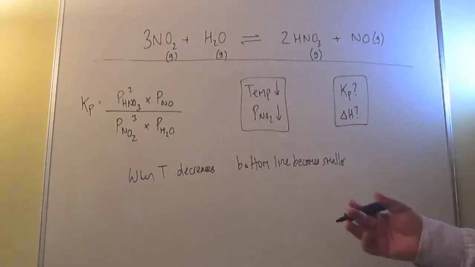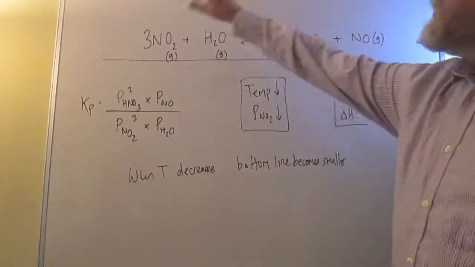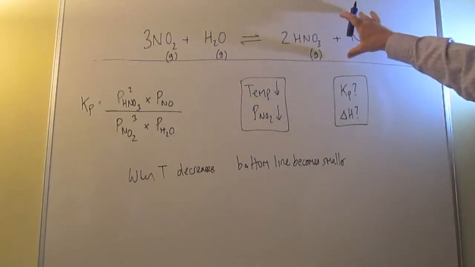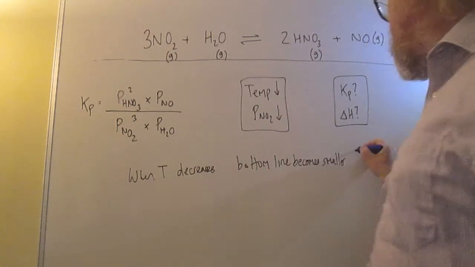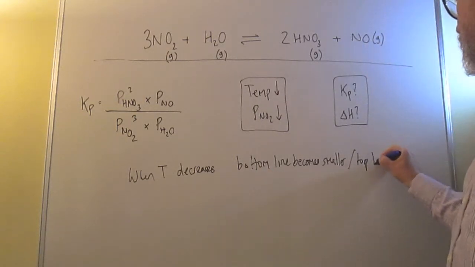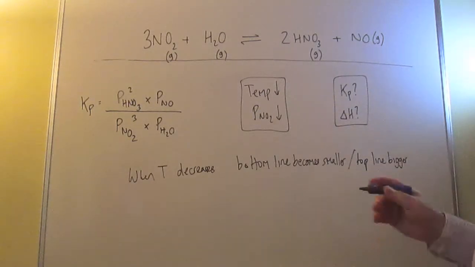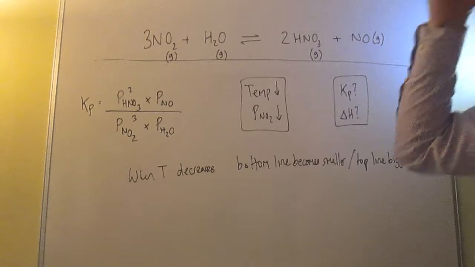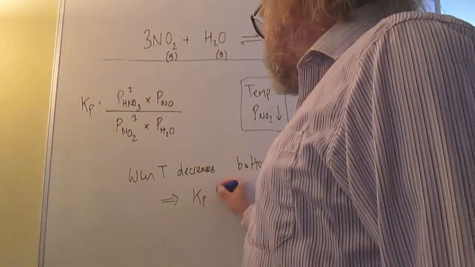And obviously that's happened because the equilibrium has shifted. When the temperature changes, the equilibrium changes. So if there's less of this, there's more of that, because the equilibrium has shifted to the right. And that means that the top line is bigger. And we know what that means: if the top line's got bigger and the bottom line is smaller, that means that the value of Kp has increased.